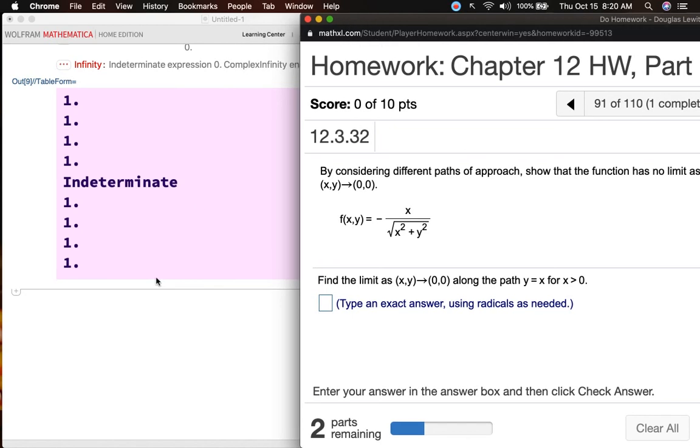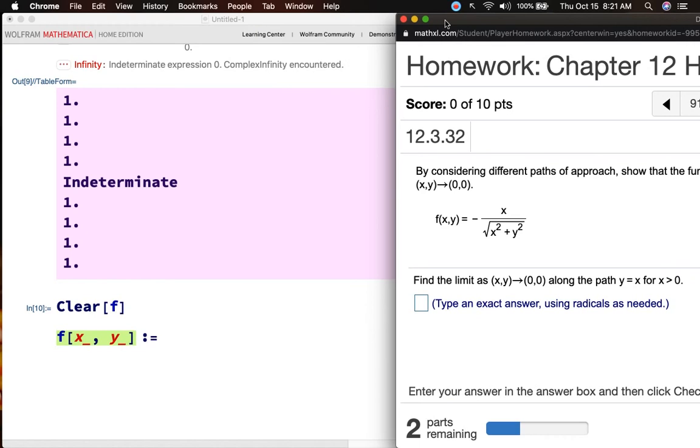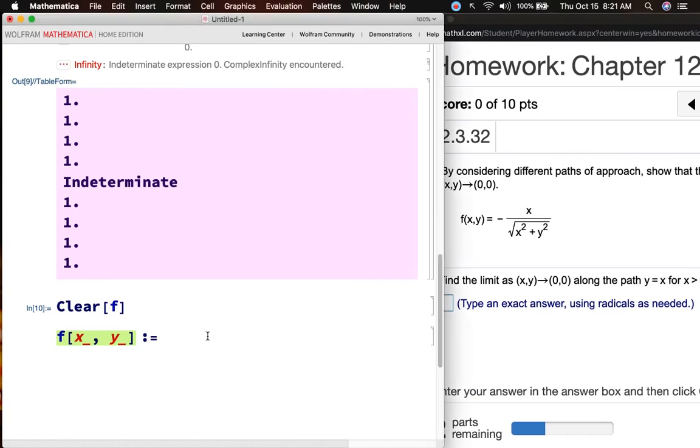Okay, let me clear f. f of x and y is equal to negative x, divided by the square root of x squared plus y squared. Shift, enter.